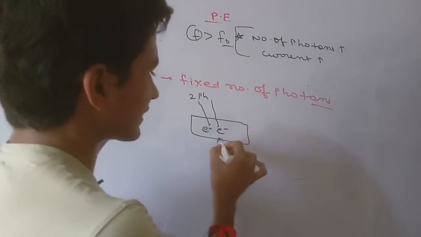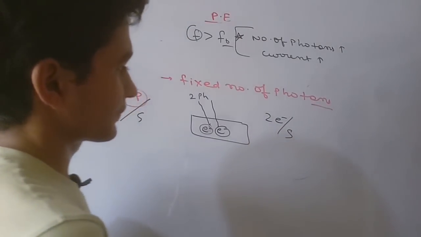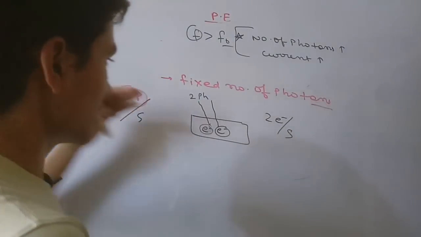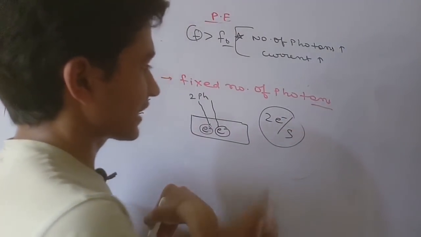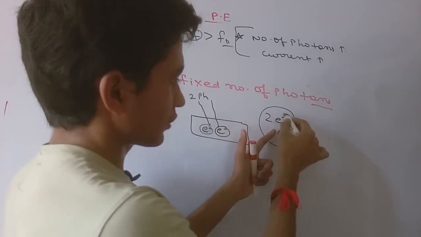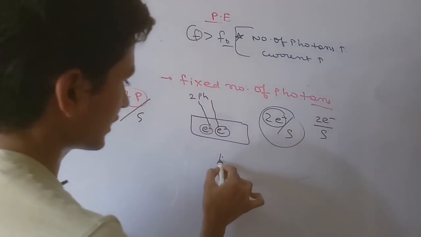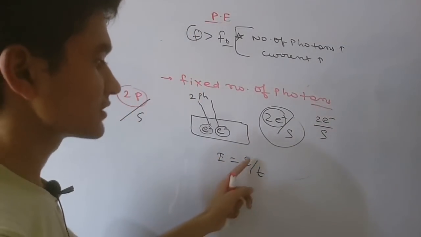And 2 electrons excited means 2 electrons per second are excited. Mind it, 2 photons per second are coming, so 2 electrons per second will be excited, because 1 photon always excites 1 electron. And you can also put this as a charge: 2 electrons' charge is excited per second. The current formula is charge upon time.